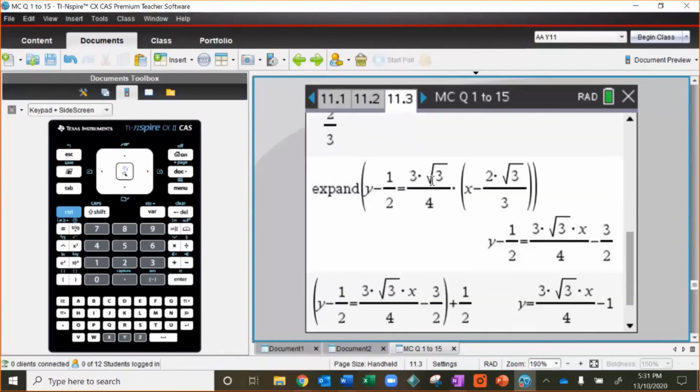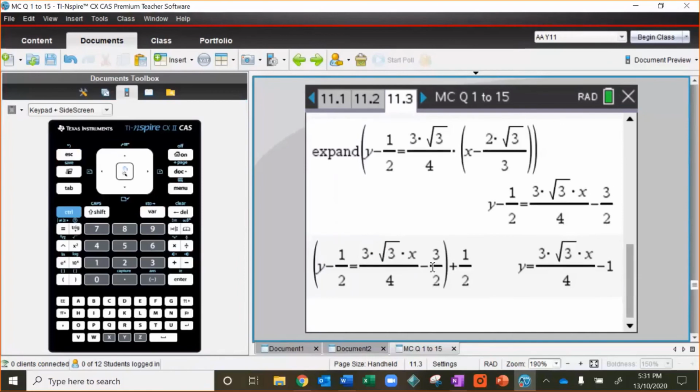If I enter that as a straight line, y minus a half equals gradient times x minus the point, and I expand and add a half, that gives me the equation of the tangent. Therefore, the answer to question 11 is B.